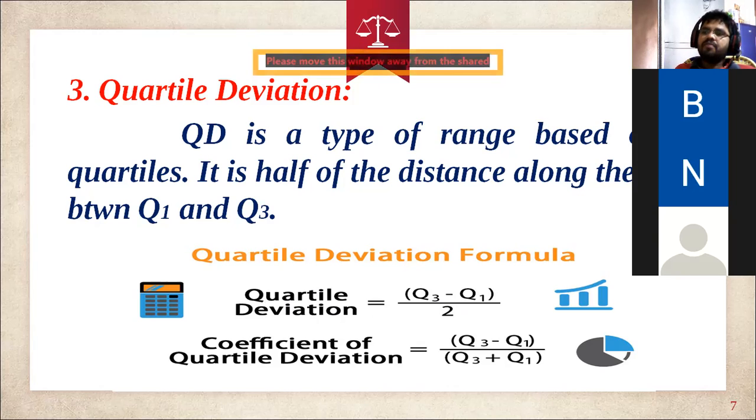In order to calculate the coefficient of quartile deviation, it is Q3 minus Q1 divided by Q3 plus Q1. Here there is no division by 2. Within the range also we discussed that the coefficient of range is L minus S by L plus S. Here, quartile deviation is Q3 minus Q1 divided by 2, but the coefficient of quartile deviation is Q3 minus Q1 divided by Q3 plus Q1, not by 2. Simple, you can remember.